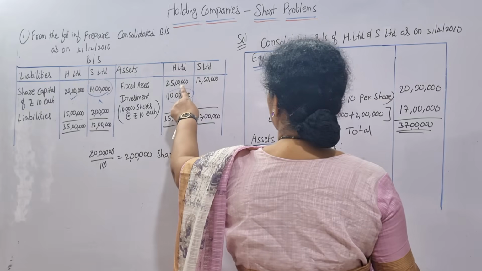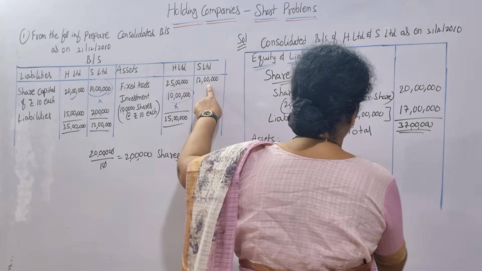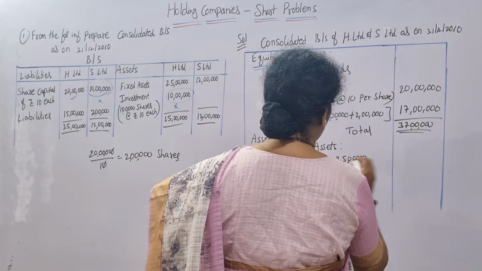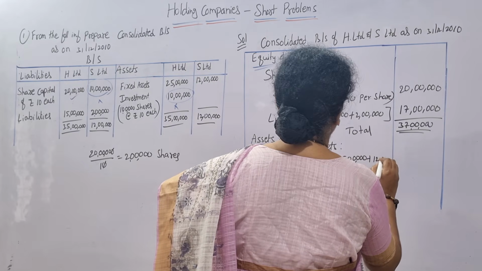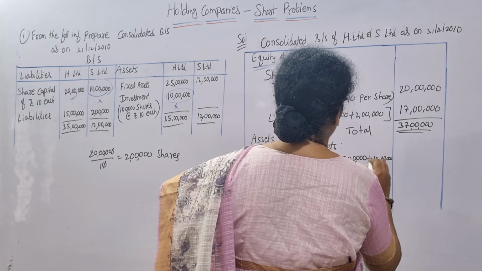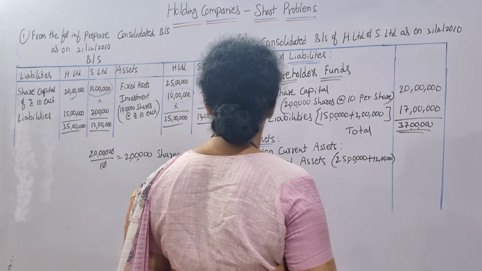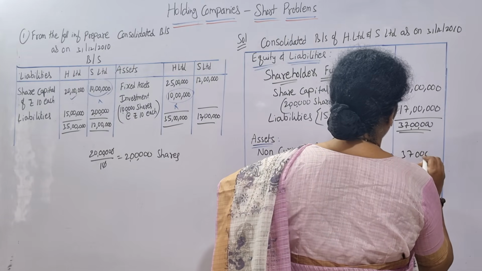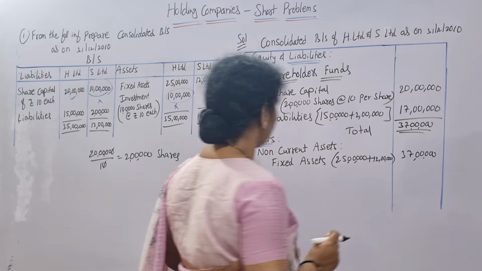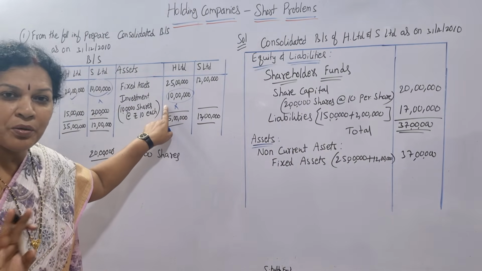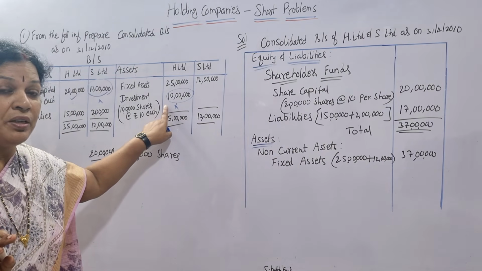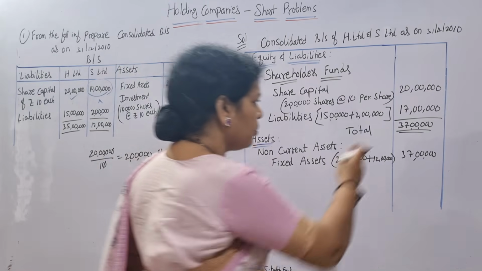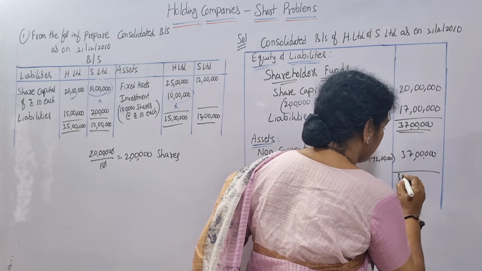What fixed assets are here? 25 lakh plus 12 lakh, it is 37 lakh. Investment we have, but we are not going to write the investment of the holding company. We never write it. So we have only one item, which we have written directly. So the total on both sides is 37 lakh. It got tallied.